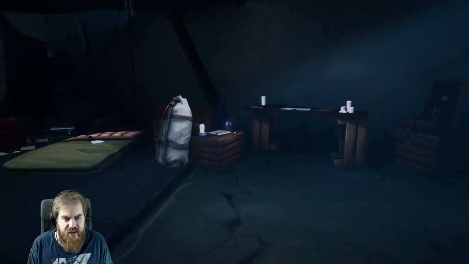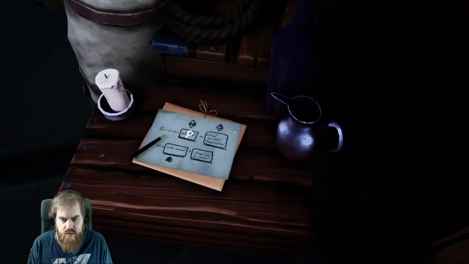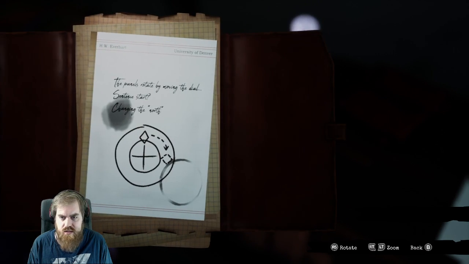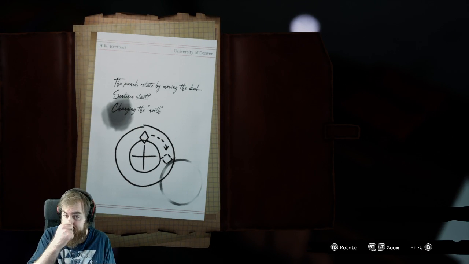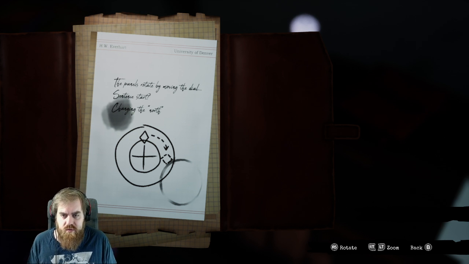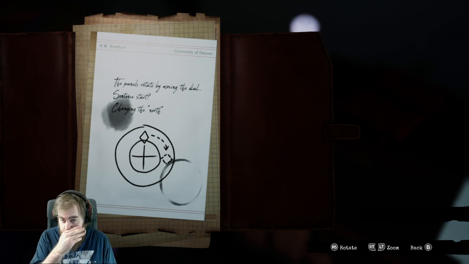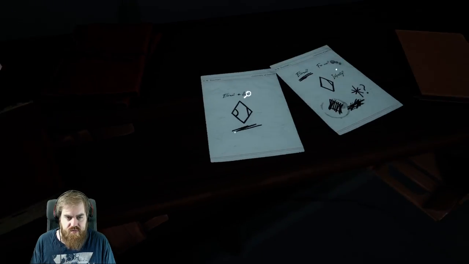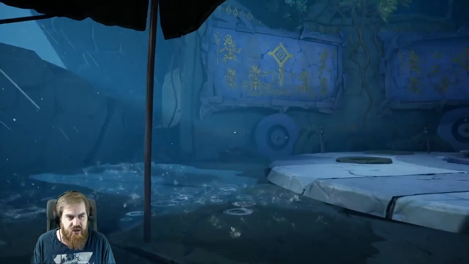Like, if I look at this... Sorry, this... Like, the panel rotates by moving the dial, that's fine. Sentence start, changing the north. Like, I changed the north of that one panel, but what does that change?